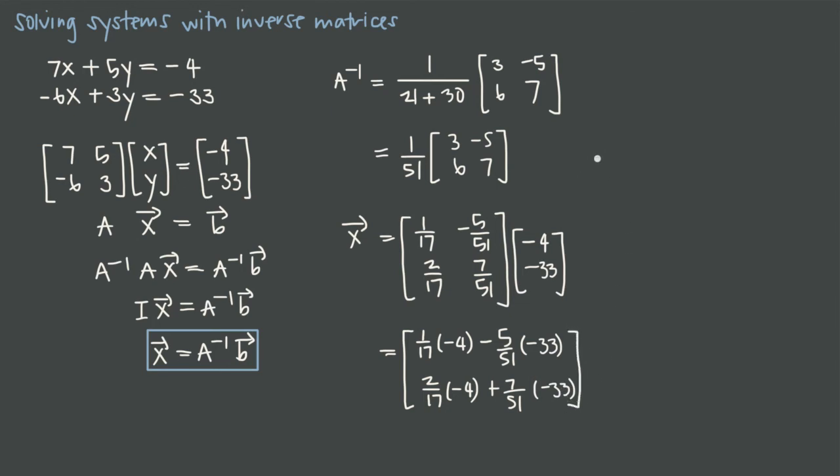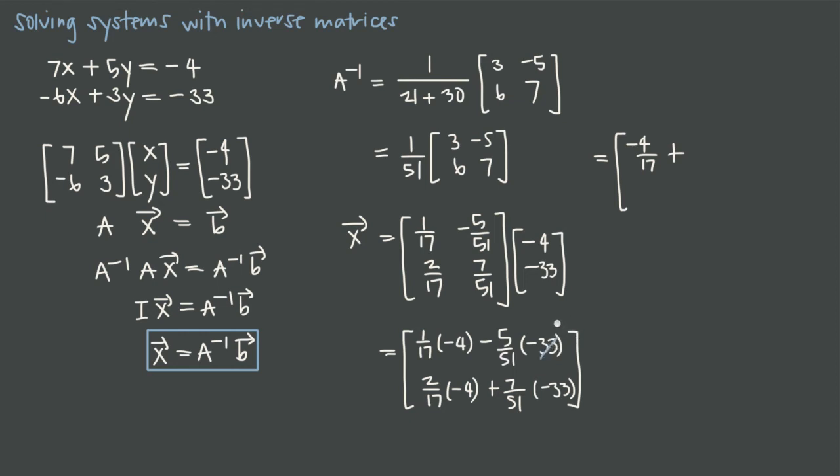When we multiply, let's do this up here. When we multiply -4 times 1/17, we'll get -4/17. Here, our -5/51 and our -33, the negative signs will cancel. We'll be left with a positive. We can divide 33 and 51 both by 3.